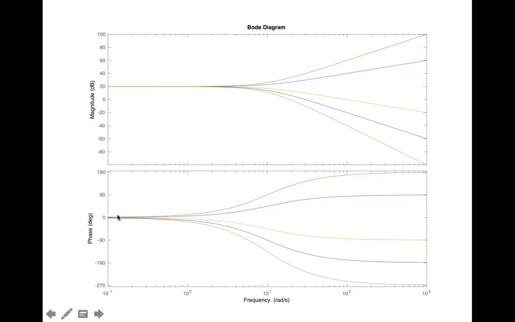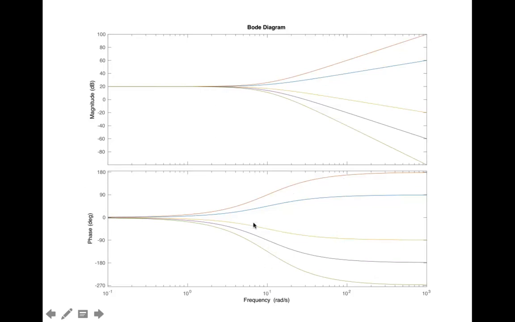So for this term, s plus 10, we go from a phase of 0 and then we shift to a phase of 90 because n is equal to 1. If it's s plus 10 squared, n is equal to 2, so our total phase shift will be 2 times 90 degrees, or 180 degrees. So we start at 0, we end at 180.